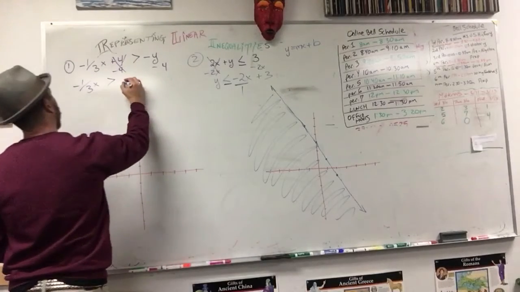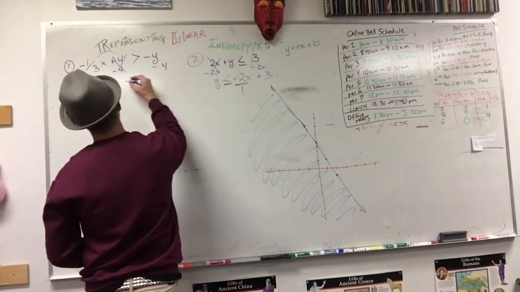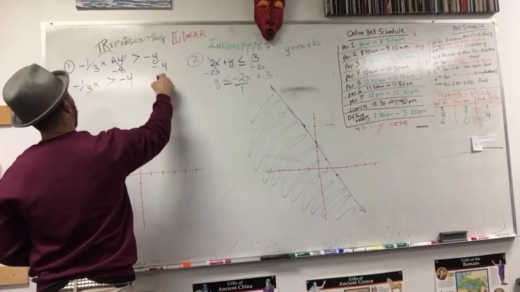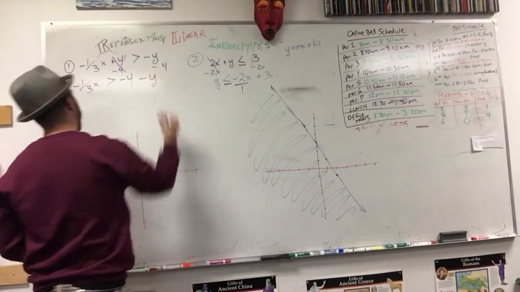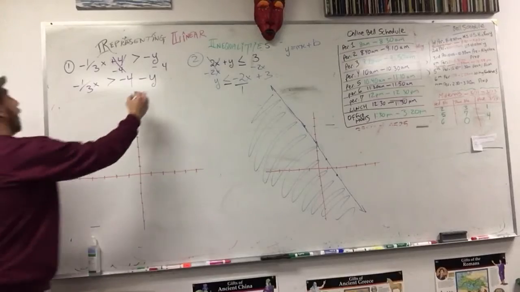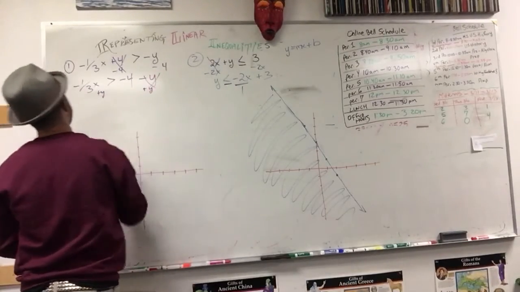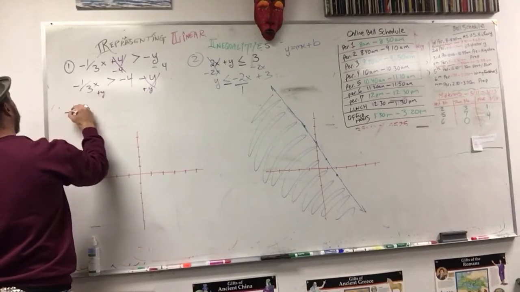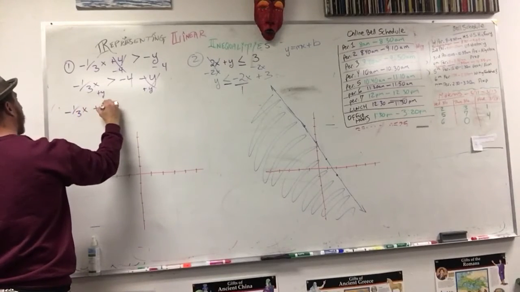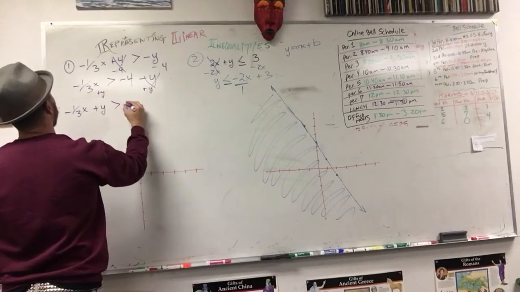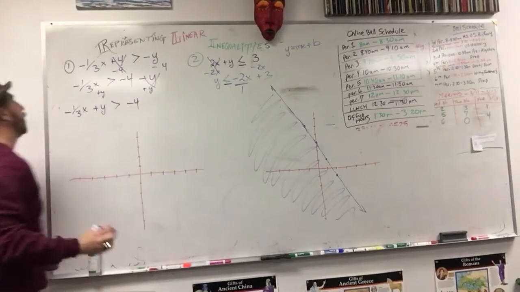Now I have my slope is over here. Excuse me, my y-intercept is over here, and I still have my negative y. Now I want to add my y to both sides. So now I have negative 1/3 x plus y greater than negative 4.